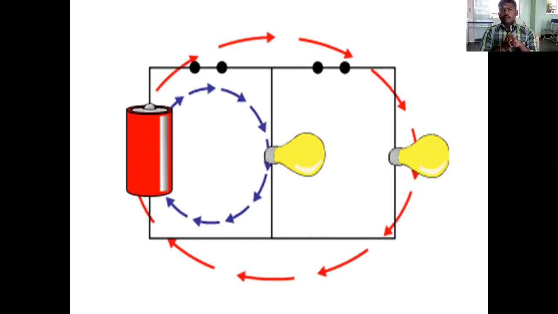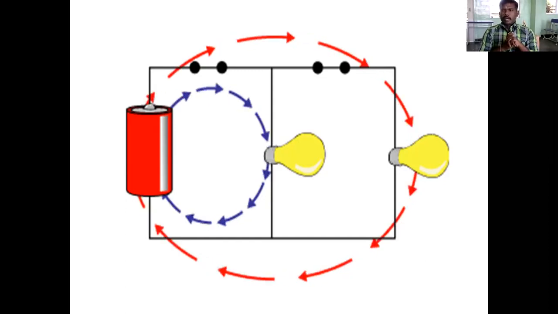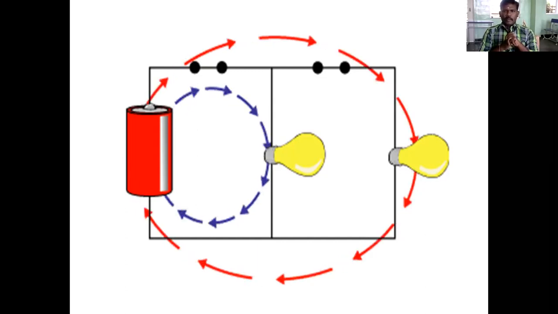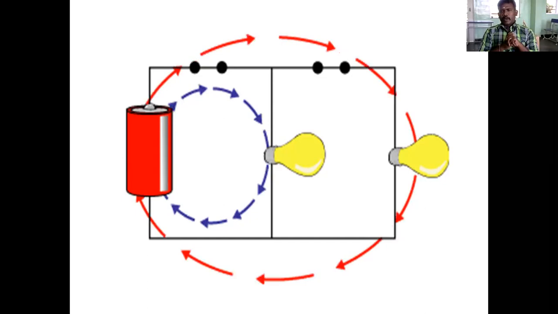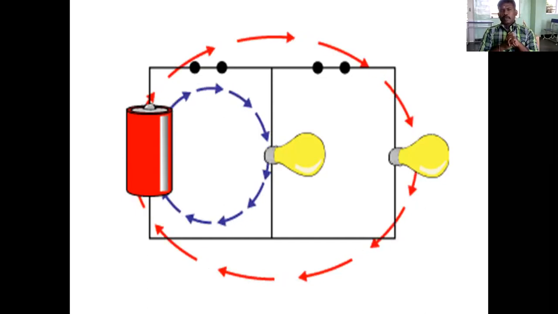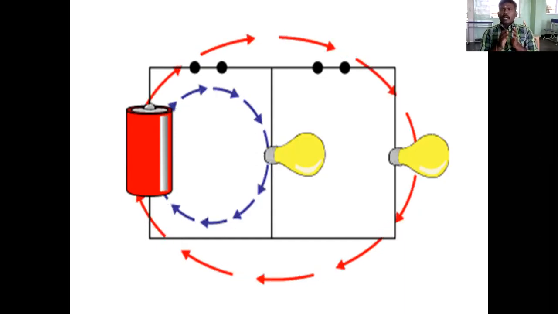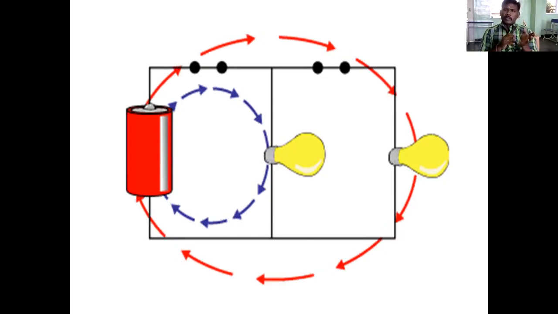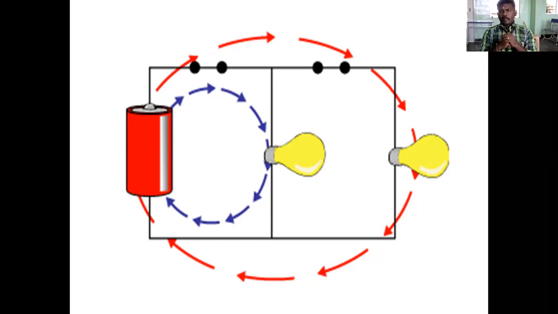Okay. Now see the red color lines. From the positive terminal of the cell, arrow marks leave and enter the bulb. After that it moves in a circular path. The circular path indicates the direction of flow of the electric current in the circuit. Always the electrical current in the circuit moves from the positive terminal of the battery to the negative terminal of the battery.